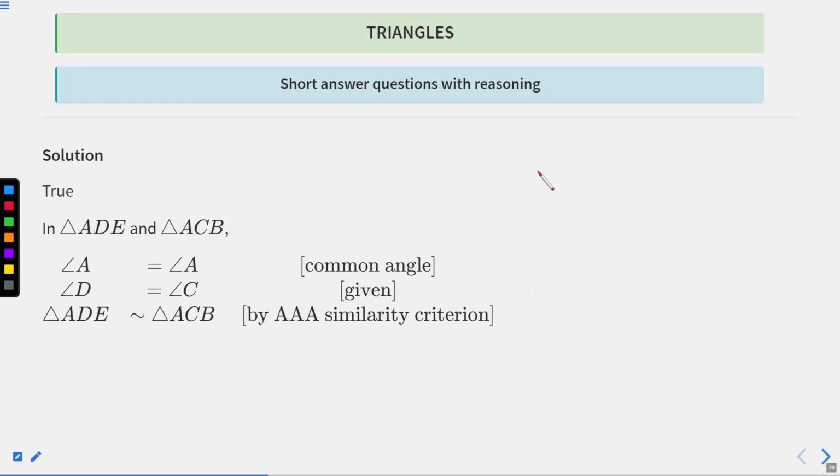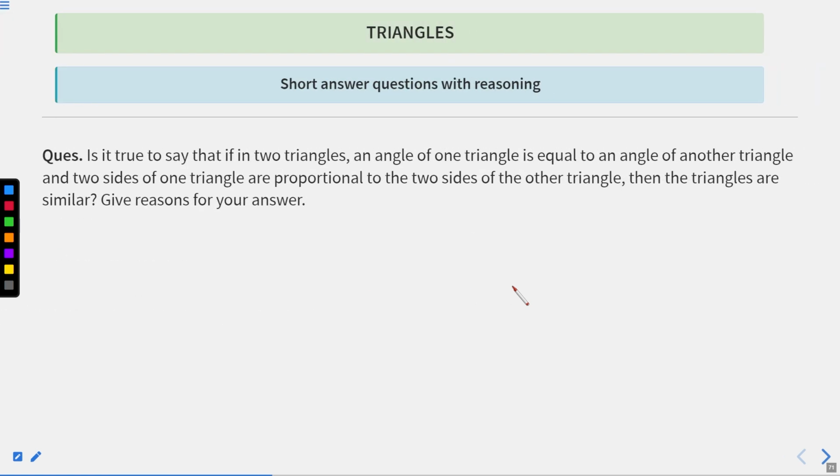Here this is true. In triangle ADE and triangle ACB, angle A is equal to angle A since it is a common angle, and angle D is equal to angle C, which is given to us. So by the angle similarity criteria, triangle ADE is similar to triangle ACB. Okay, now let us move to the next question.